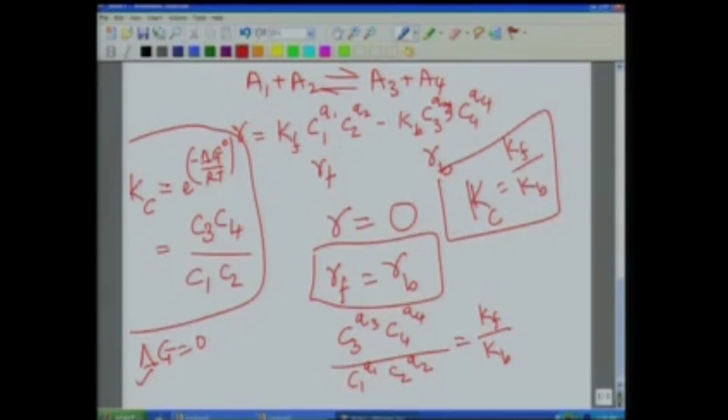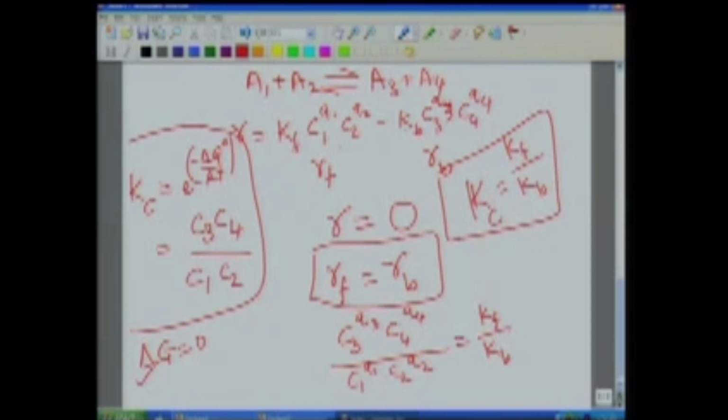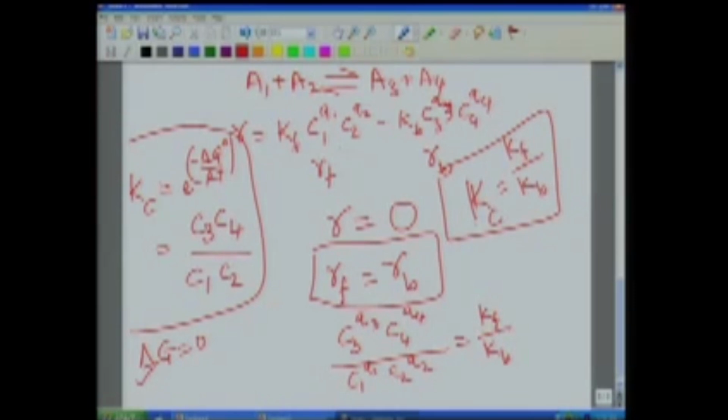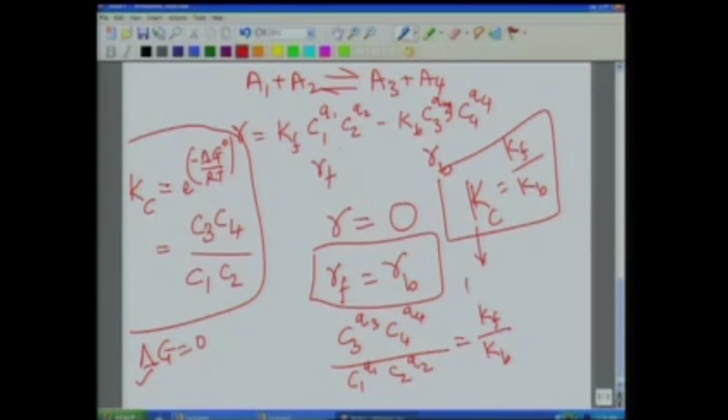It implies the following: if I have a reversible reaction, then I do not have the freedom of choosing Kf and Kb arbitrarily. Whatever may be the value of Kf and Kb, the ratio of the two must be the equilibrium constant, which is already predefined for me from thermodynamics.